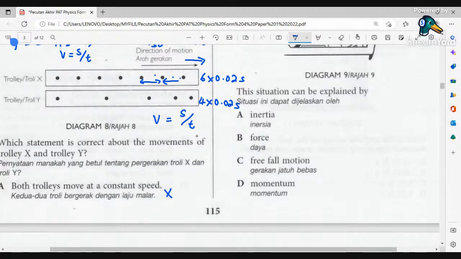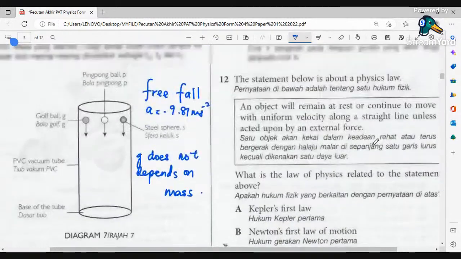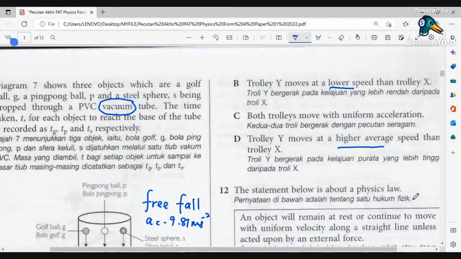Okay, so time taken shorter, meaning average velocity is higher. So from here we can see for Y, T is shorter. So V is larger. So from here we can say average velocity for Y is larger than X. Okay.